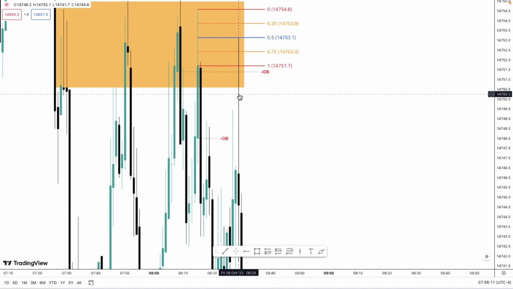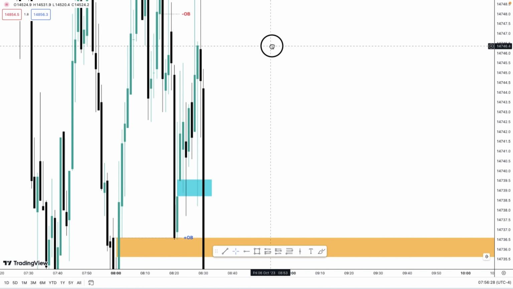It is the same price to the tick, perfectly the same price. What time is that? Look down there. That's 8:29. What time is NFP? 8:30. So what did they do with the NFP candle?